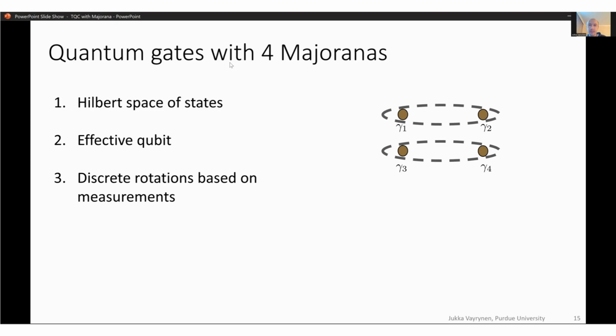So basically, it's fine to ignore it as long as I identify all states that differ by 2 electrons.